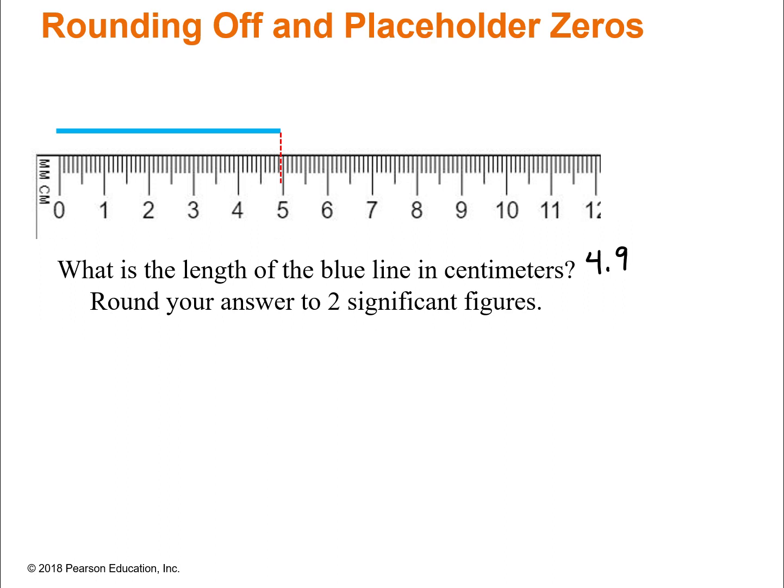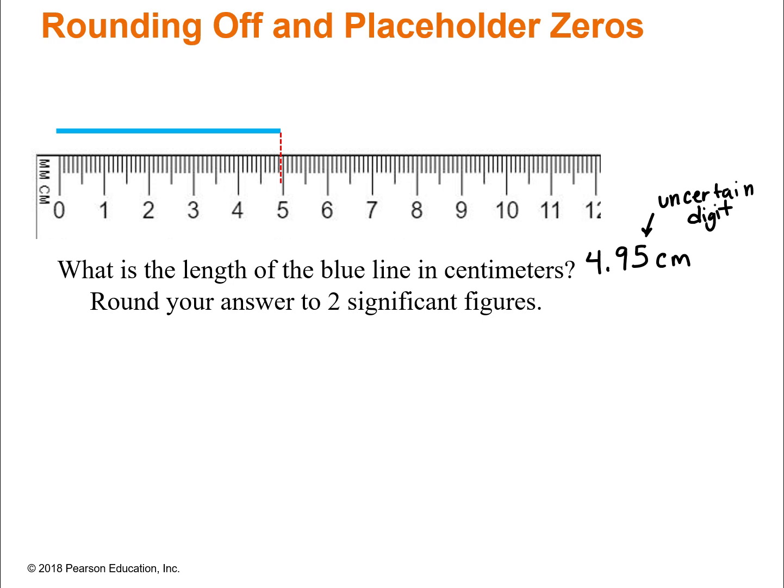Now we need to do our uncertain digit, which comes at the end, kind of guesstimating what this last digit is. I'll call it a 5. So that's my guesstimated, or my uncertain digit. Guesstimate is not exactly a scientific term, but y'all know what I mean.